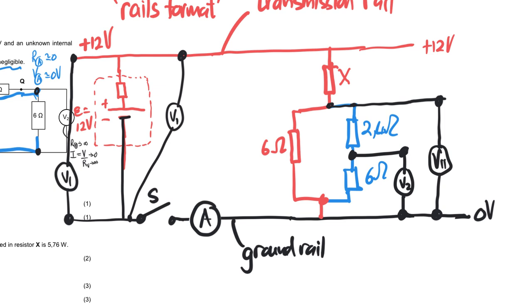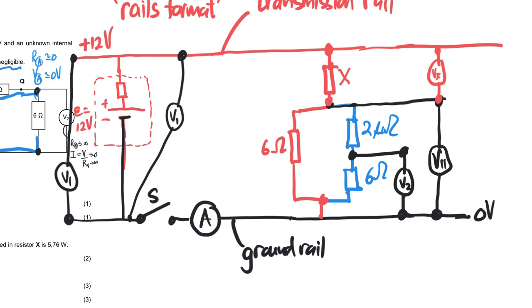And Vx, that voltmeter, would be like that. That voltage there, Vx, would be across resistor X. Now, what's nice about this is you can clearly see now visually that Vx plus V parallel should equal V1 when the switch is closed.